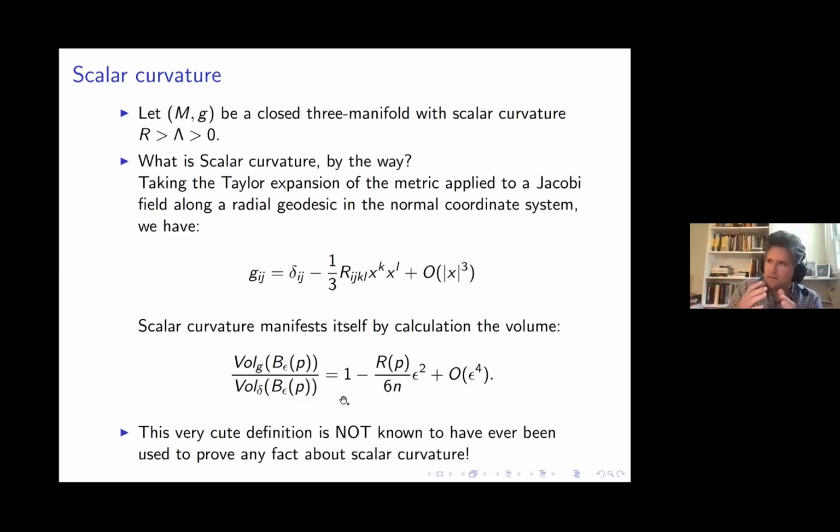And somehow we were interested in the borderline case of that. What can you say, how much can you push this positive scalar curvature condition to get information about, for instance, geometric smallness? Can that be something that you can attain?